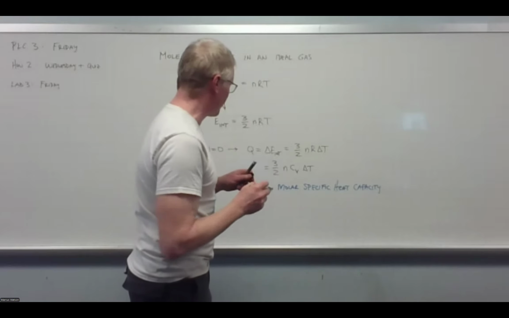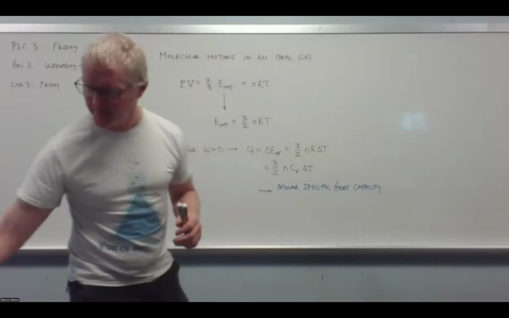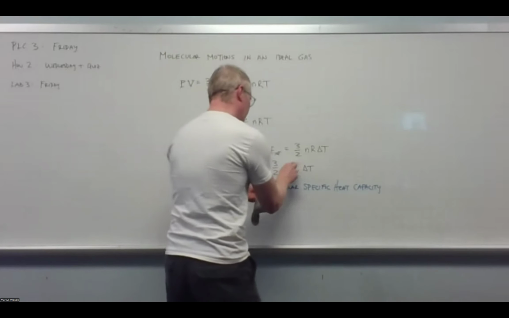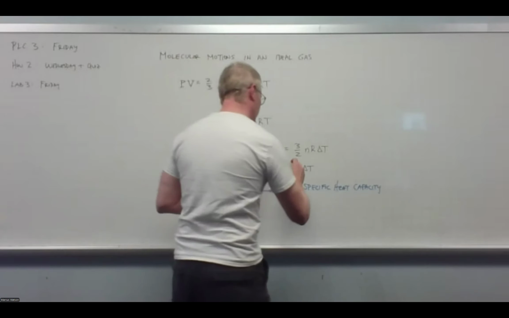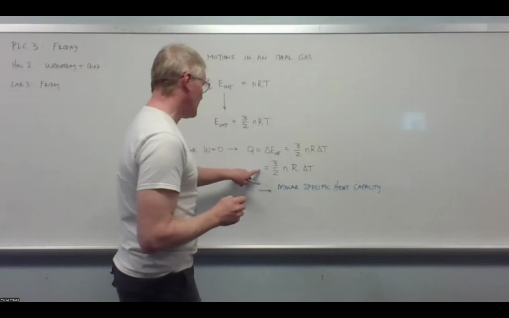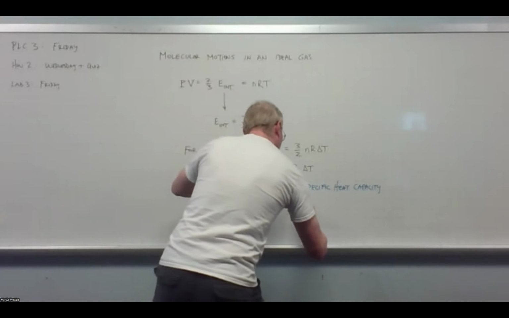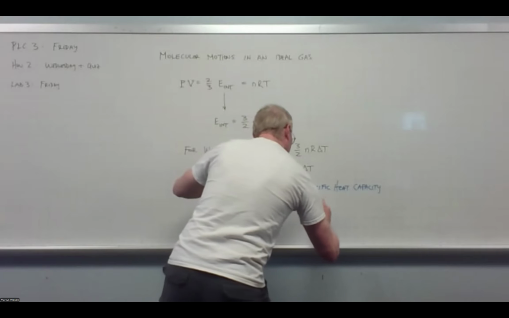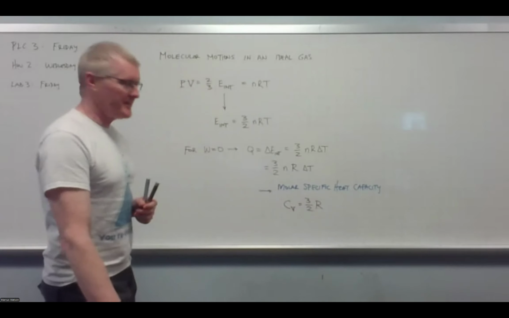Oh wait, oops, I got that wrong. That should be an R. I jumped ahead of myself there. So that C_V is 3/2 R. Okay, that's what I meant to write.